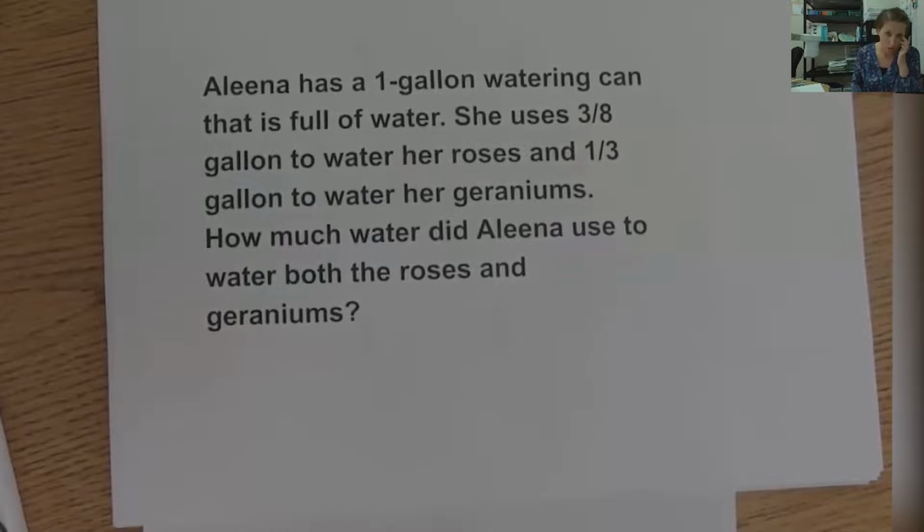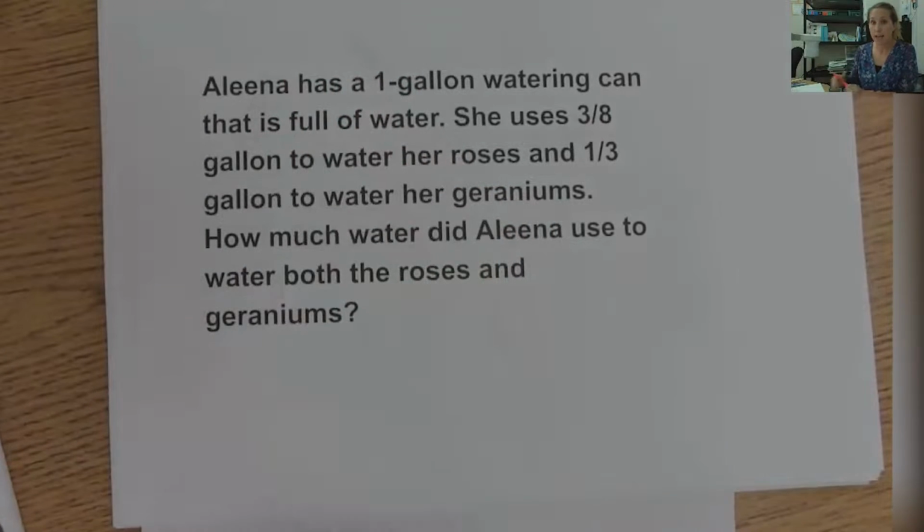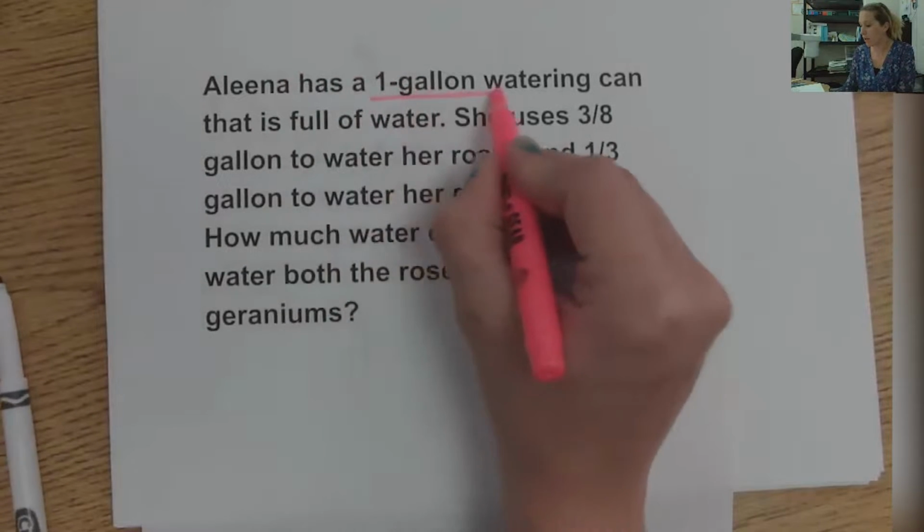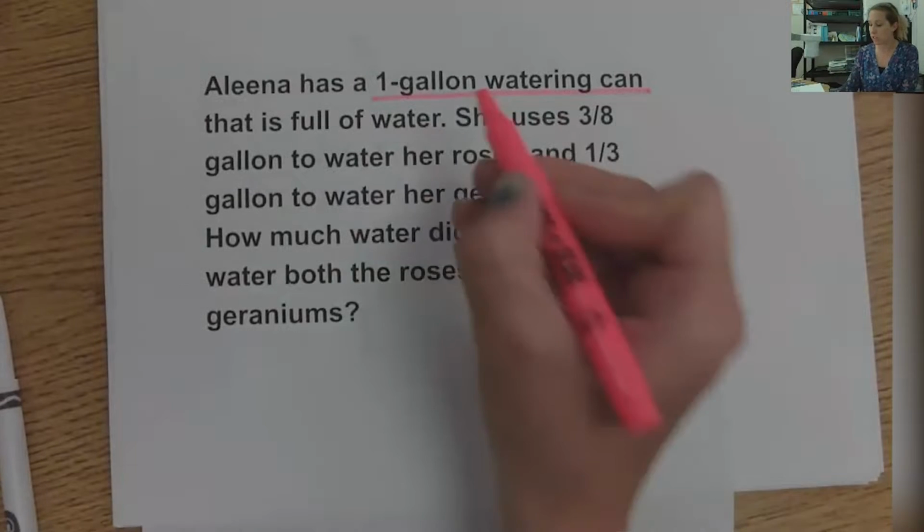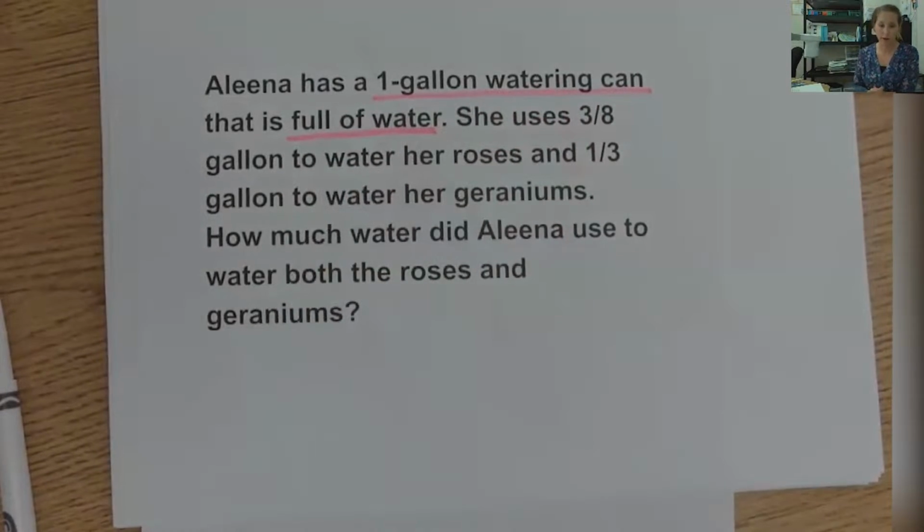Let's think through this question. What is it asking? It's asking us about Alina watering her flowers. Well, what information do we know? Okay, we know that Alina has a 1-gallon watering can and it's full of water.